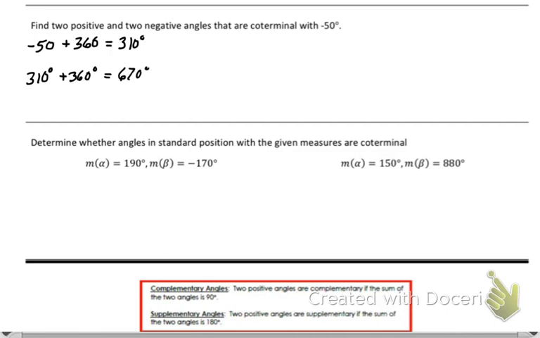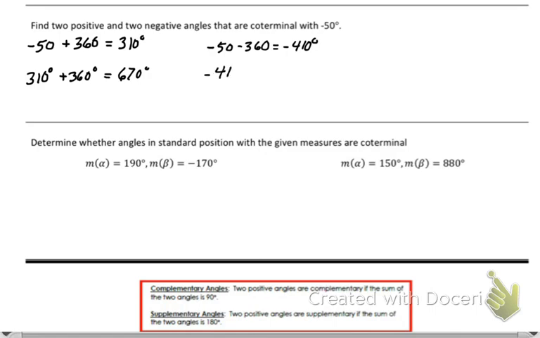Could I come up with more positive ones? Yeah. What would I keep doing? Keep adding 360 over and over. Don't overthink this. It is that simple. It's adding or subtracting 360. If I want negative ones, we just subtract 360. So negative 50 minus 360 equals negative 410.